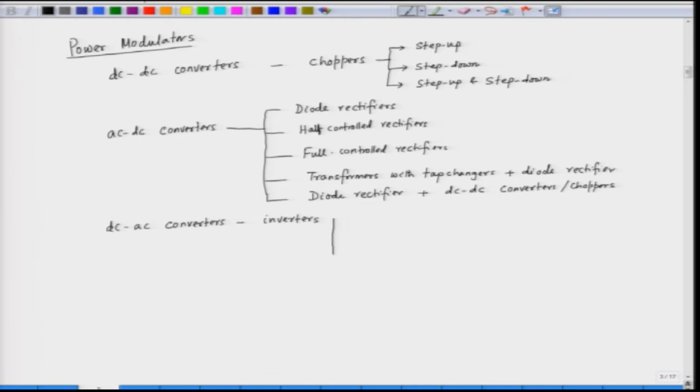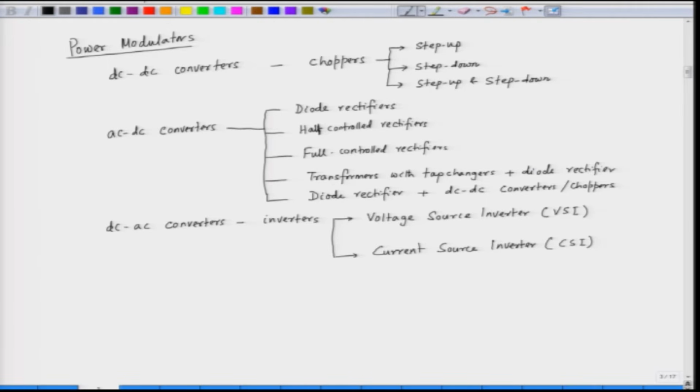We have two types of inverter, one is called a voltage source inverter, or we abbreviate this as VSI, and also we have current source inverters, and we call this a CSI.